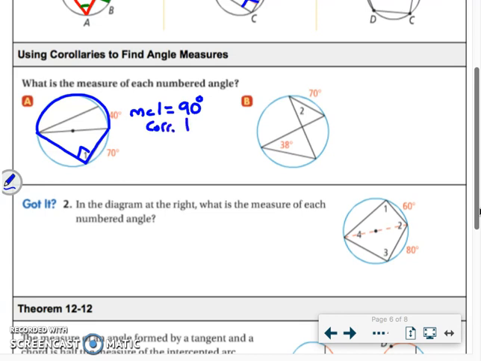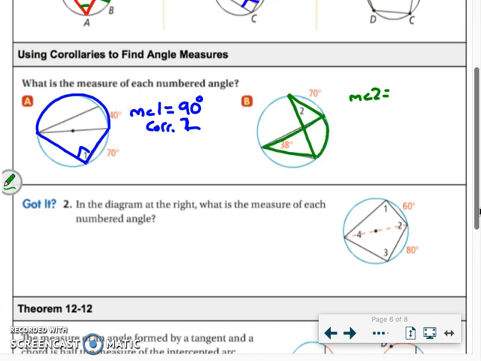Okay. For the second one, the measure of angle 2, here's going to be an example of corollary, oh, I'm sorry, this is corollary 2, my mistake. Here's an example of corollary 1 right here. This is when you have two angles cutting off the same arc. So this piece right here, angle 2, is what we're looking for. It's cutting off the same arc as this 38.